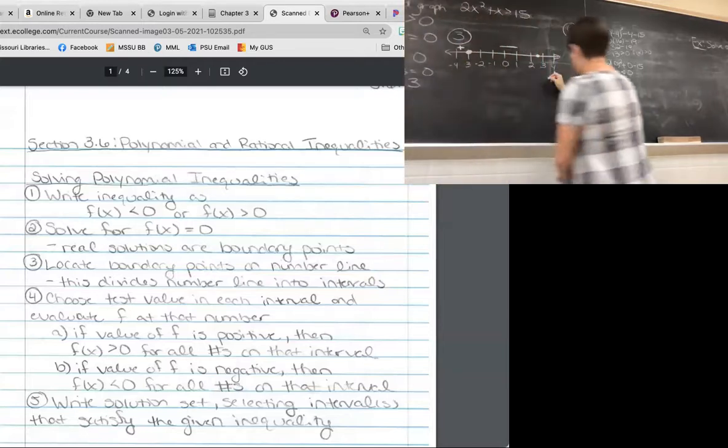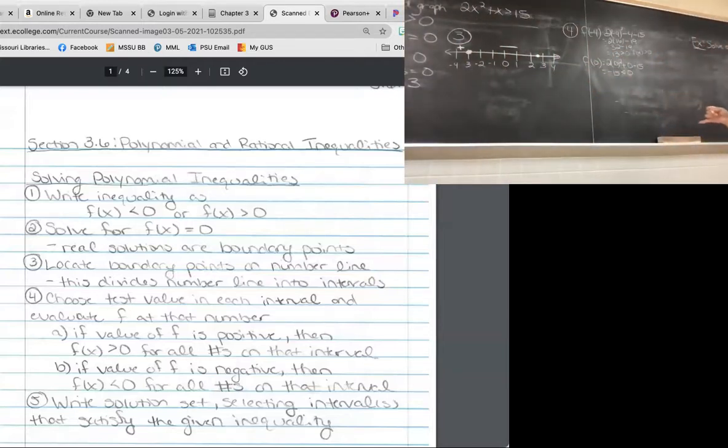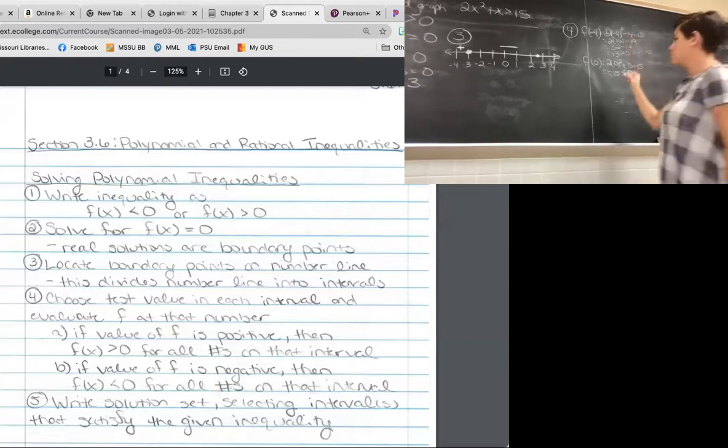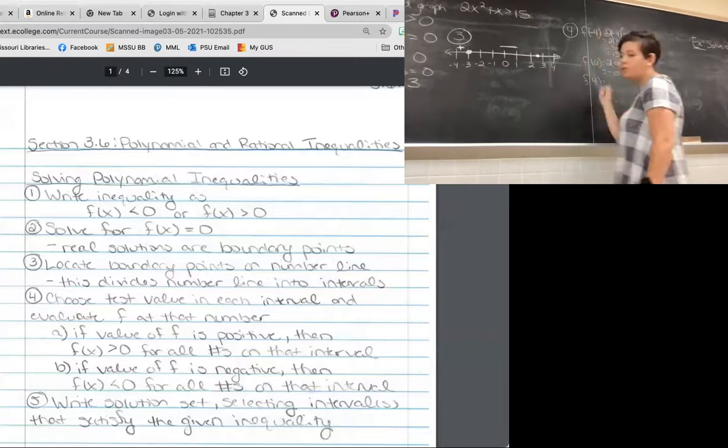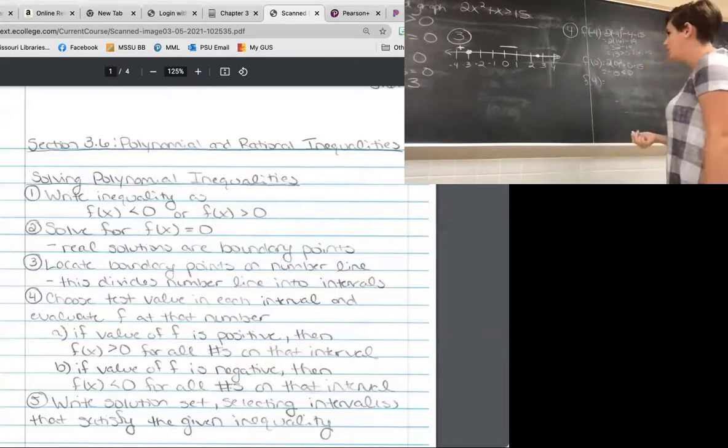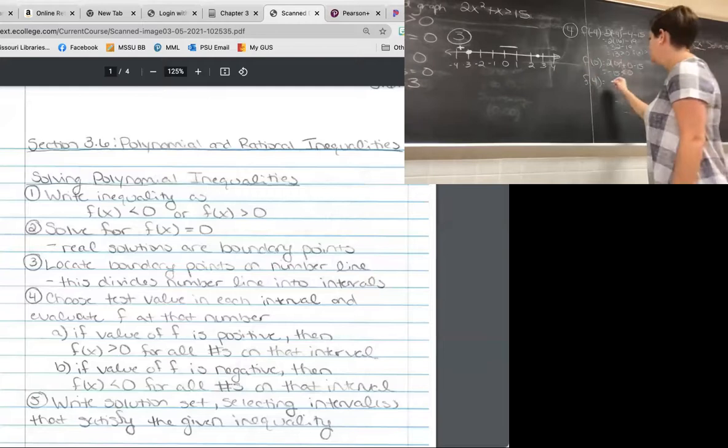Now I'm going to pick a point from over here in my right section. Since I did -4 first, I'm going to do a positive 4 this time. Obviously, you could do 3, you could do 5, you could do 10, whatever point you want as long as it's in that section.